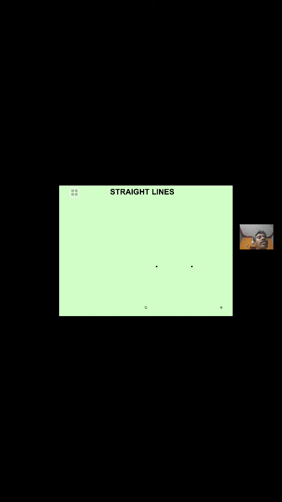See here, you can see 2 points. What is this dot? So a point, we indicate with capital A. So at A we have a point. What is this another dot?